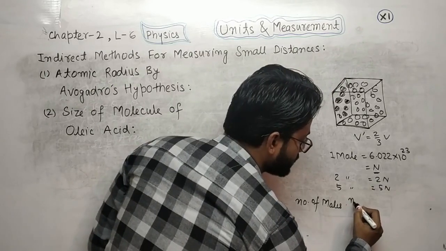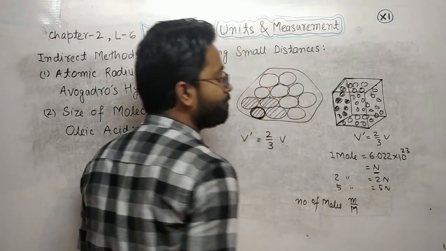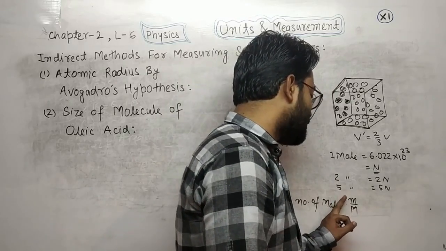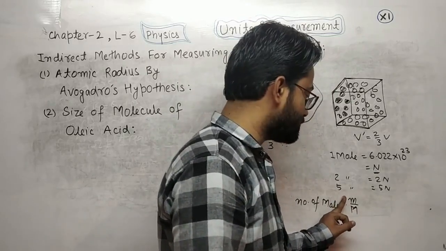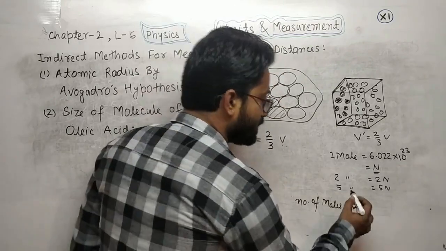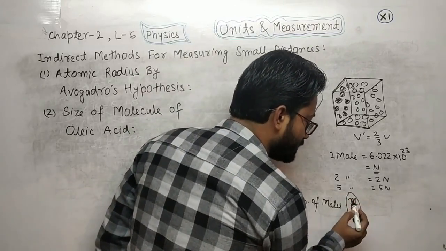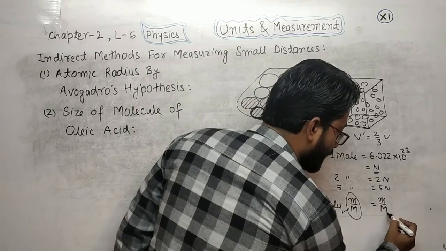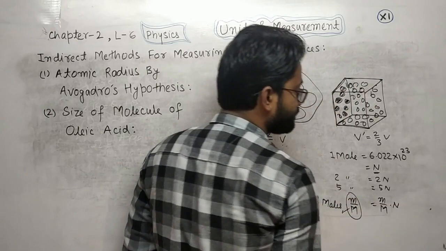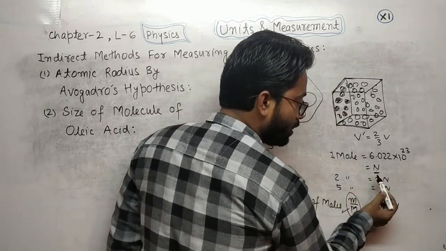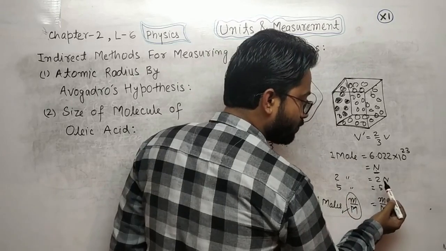To calculate the number of moles, number of moles is equal to m by M, where m is the given mass of the substance in grams and capital M is the molecular mass. This number of moles will contain m by M times N molecules. 1 mole contains 1N, 2 moles contain 2N, 5 moles contain 5N.